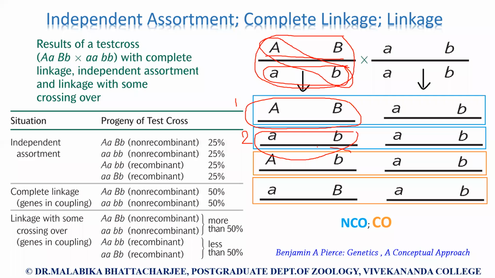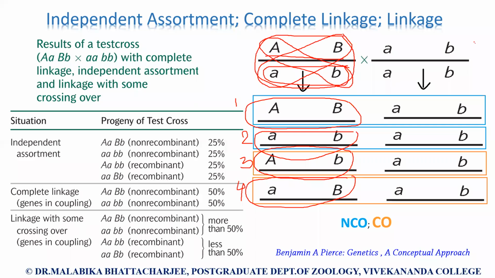So this is gamete number 3. And finally, we will get another recombinant product, small a, capital B. This is gamete number 4. So from this particular parent, we are getting these 4 kinds of gametes.